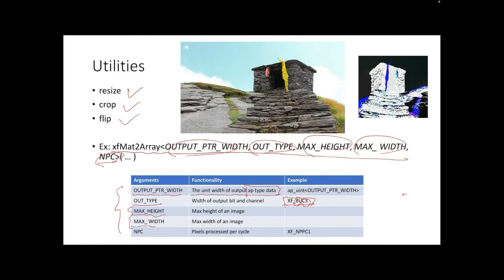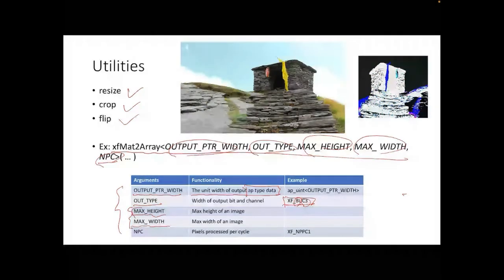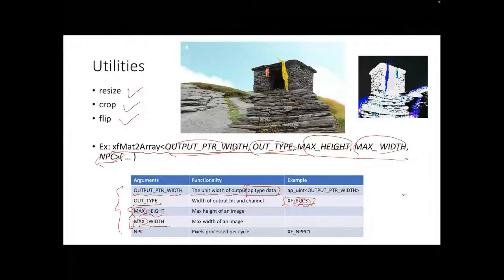Later, in the function arguments, you can send different image sizes to the accelerator or FPGA. But before that, when you synthesize your kernel, you need to specify the max dimension of your image for the hardware synthesis.